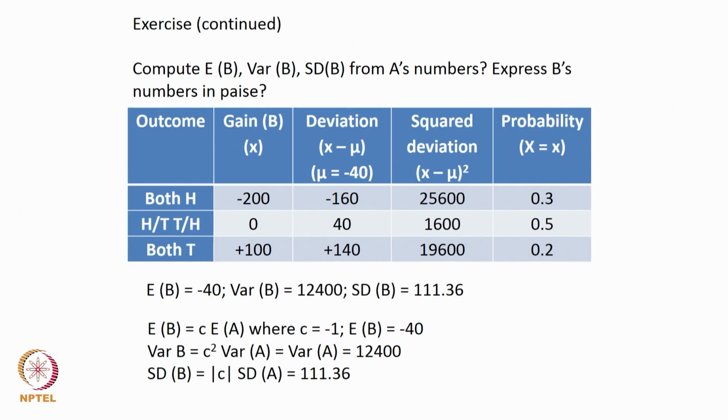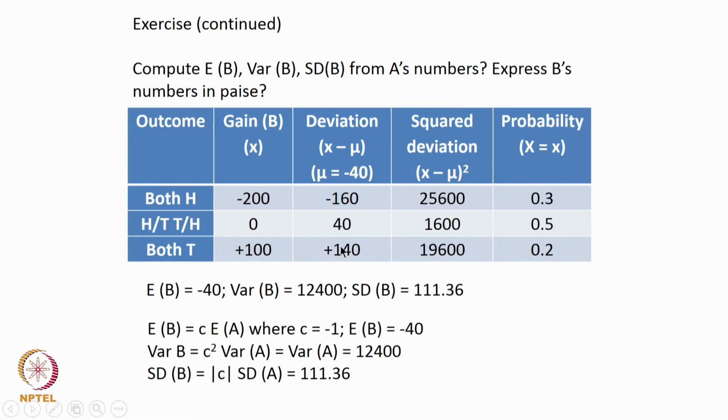Once again, minus 200 minus 40 is minus 160. 0 minus 40 is 40. 100 minus 40 is 140. Please note that mu is minus 40, and therefore, the calculations are shown like this.